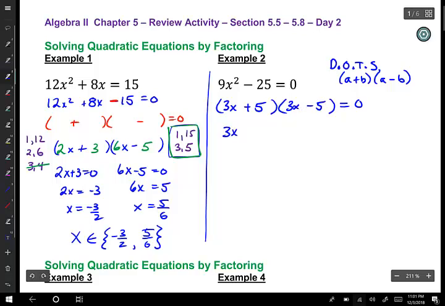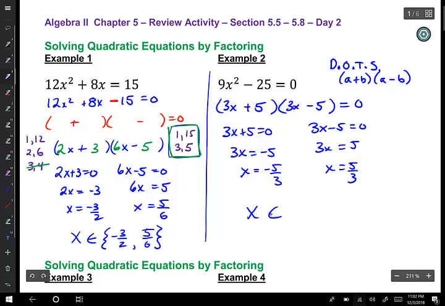And so we set each of our factors equal to 0. And we're going to solve our problem. So 3x equals negative 5, x equals negative 5/3, 3x equals positive 5, x equals positive 5/3, so x is an element of the set of numbers negative 5/3 and positive 5/3.